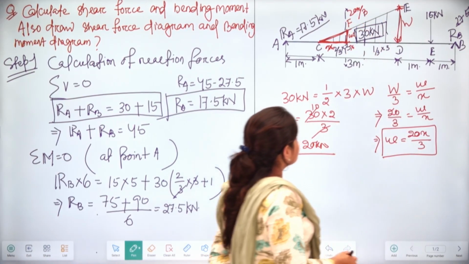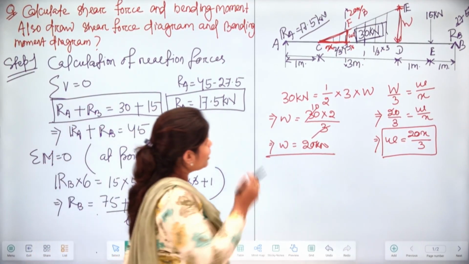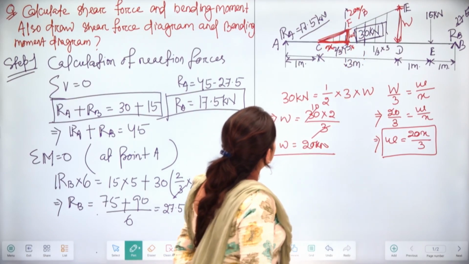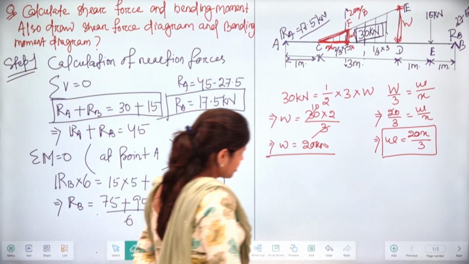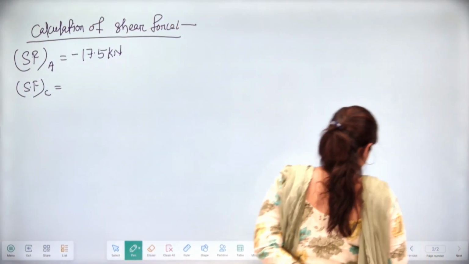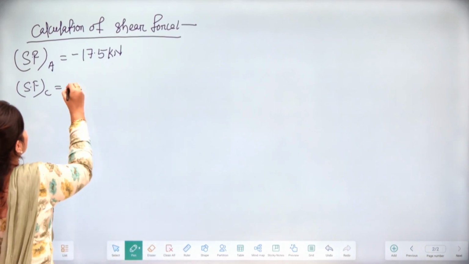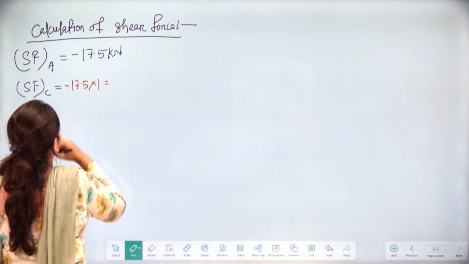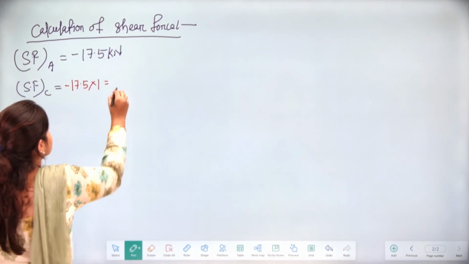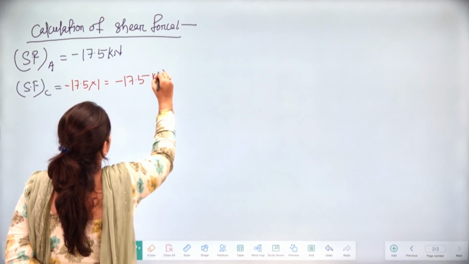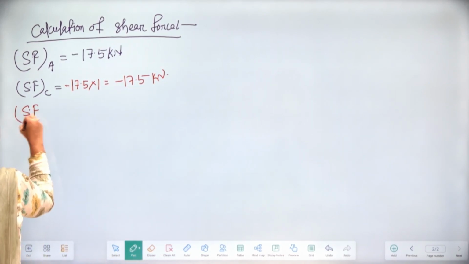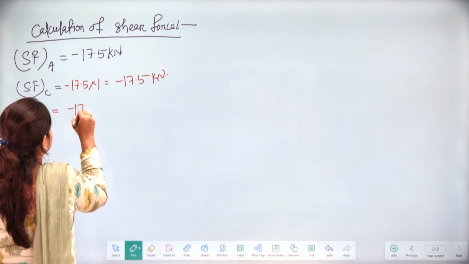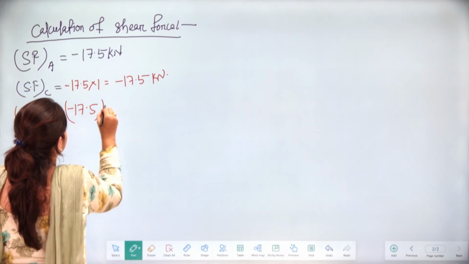So this small w is going to be 20x by 3. Now, while we find out the shear force at this distance, what we will get? Shear force at C will be minus 17.5 multiplied with 1, and that is the same, minus 17.5 kilonewton. Let's find out shear force at distance x. So it will be minus 17.5 whole into 1.